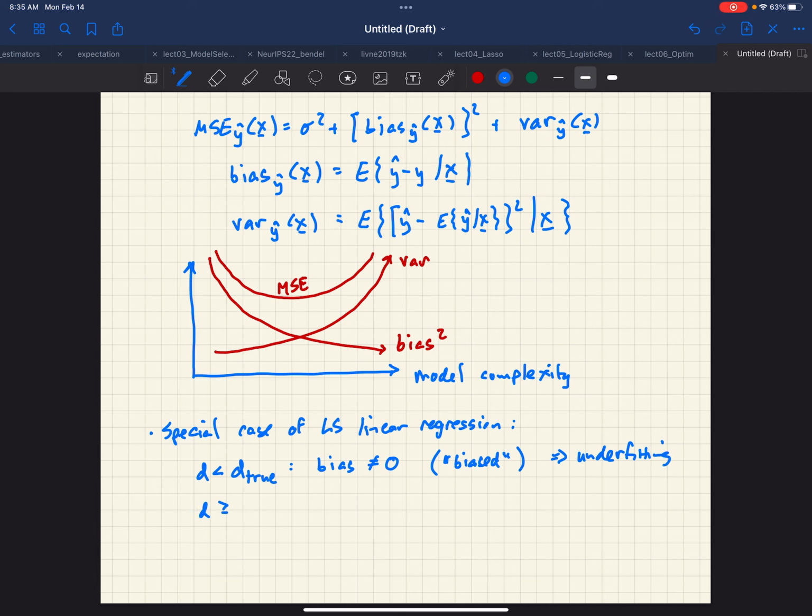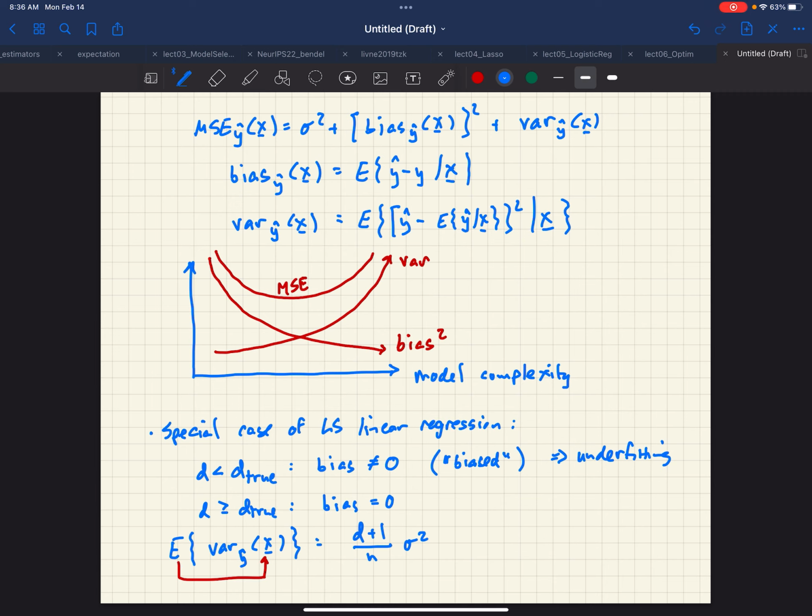And finally, we looked at the variance on y hat as a function of x, and then we take an expectation over that x so that the result no longer depends on x. And then finally we get this very nice answer that the variance is d plus 1 over n times sigma squared.